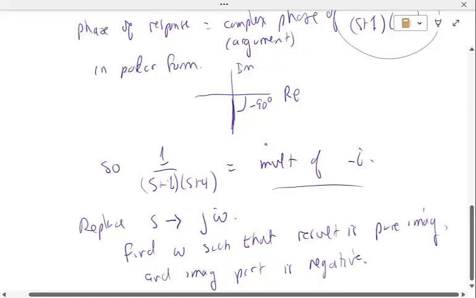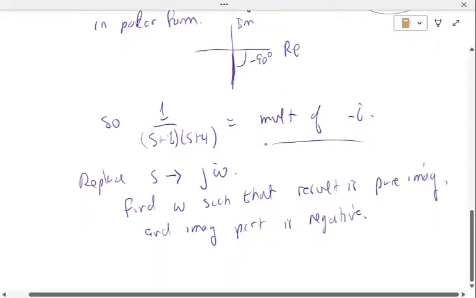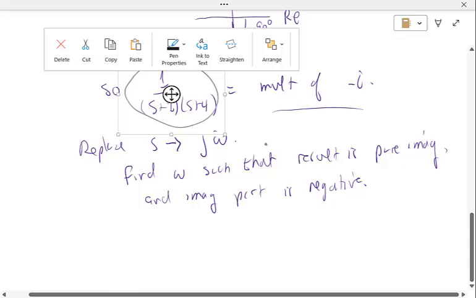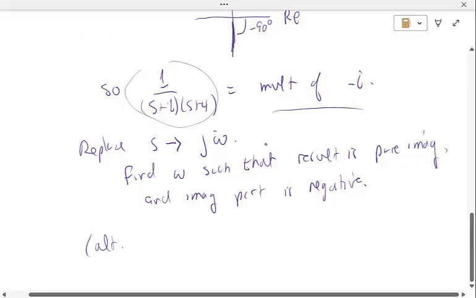Now another thing you can say is if 1 over (s plus 1)(s plus 4) is a multiple of minus j, that's the same thing as saying that (s plus 1)(s plus 4) must be a multiple of j, because if you take the inverse of minus j, it's plus j.